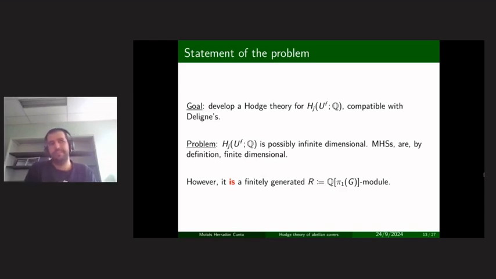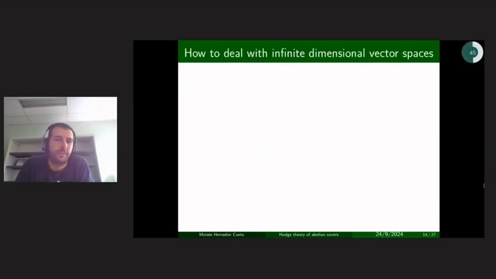So really, I need to look at something finite dimensional instead. The finiteness that we do have is over the ring. So what we're going to do is work around that using the module structure. And I can think of two ways, and I will talk about both.